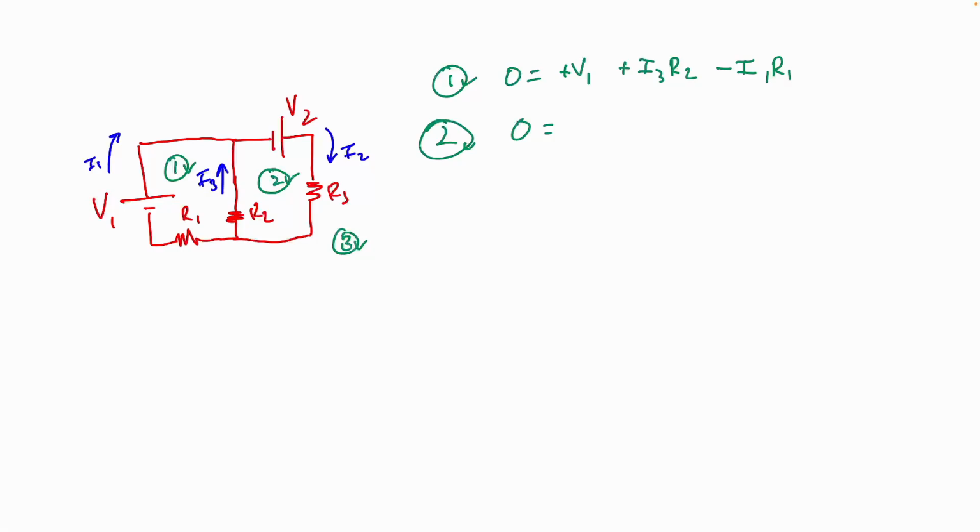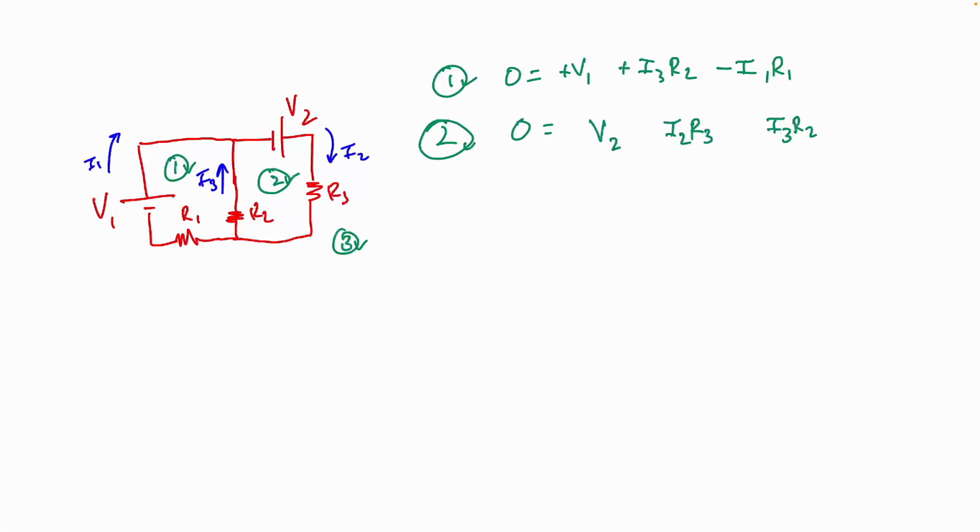So what do I mean by that? Starting at V2, I'm going to have V2, and I'm going to leave a space in front and behind it. And then I'm going to have I2R3. And then I'm going to have I3R2. And then I get back to V, right?